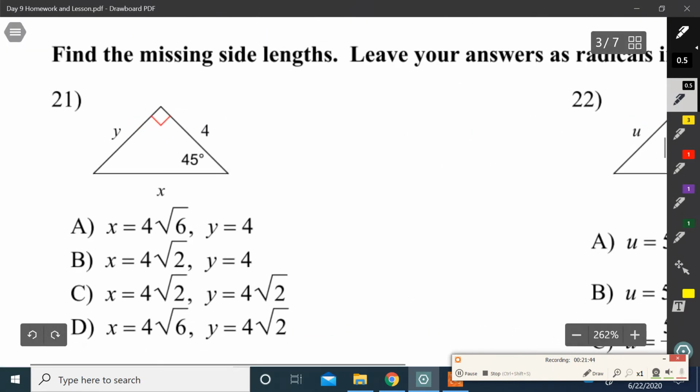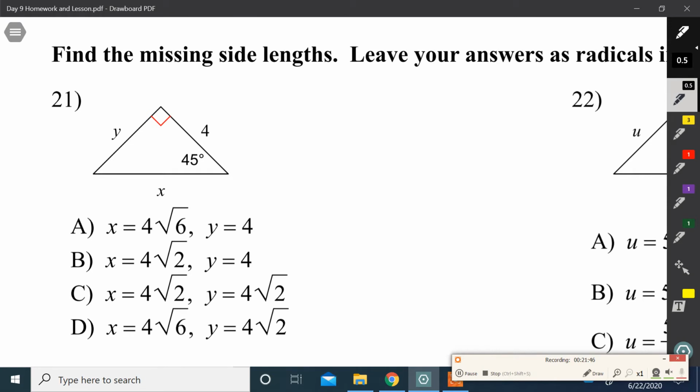Now let's go ahead and talk about special right triangles. Okay, so in geometry we have what we call two main special right triangles. And we're going to talk about the first one here, and then we're going to talk about the second one later on.